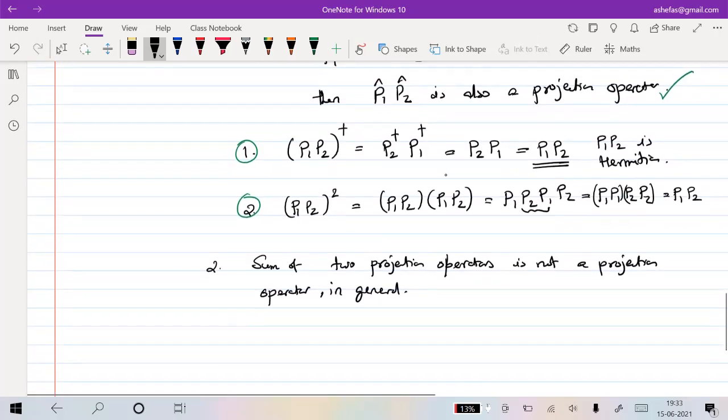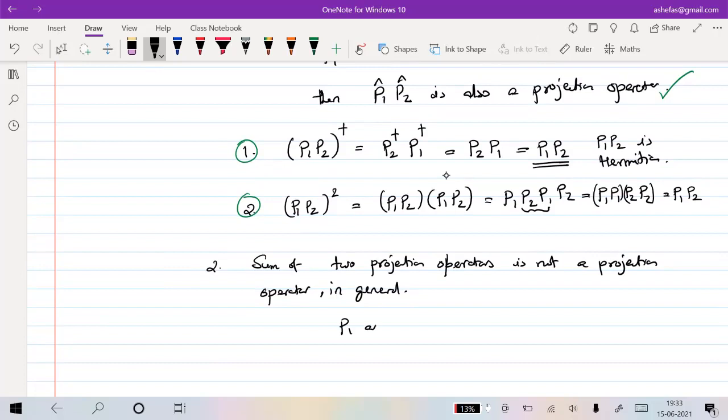So if P1 and P2 are projection operators, then P1 plus P2 need not be a projection operator.